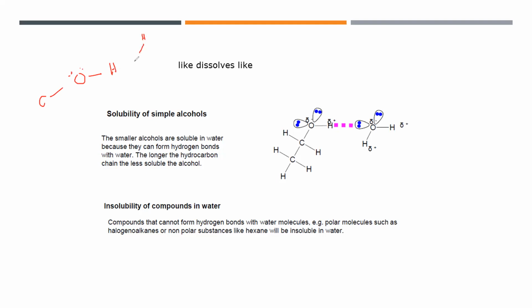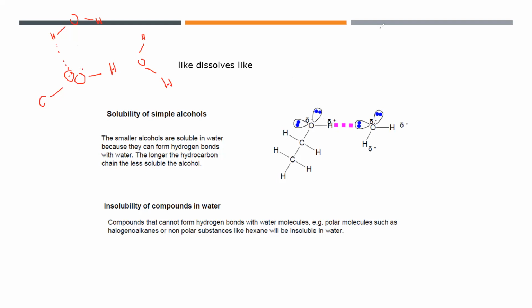Because the water molecule has hydrogens, and these hydrogens can form a hydrogen bond with a lone pair of oxygen of the alcohol. So they can have the same type of forces. When the same type of forces exist between the molecules, then the substance can dissolve.